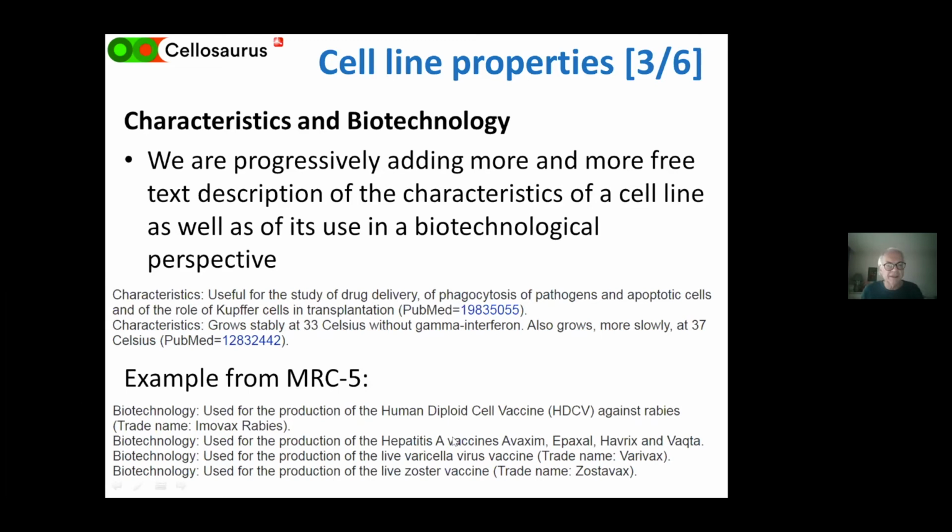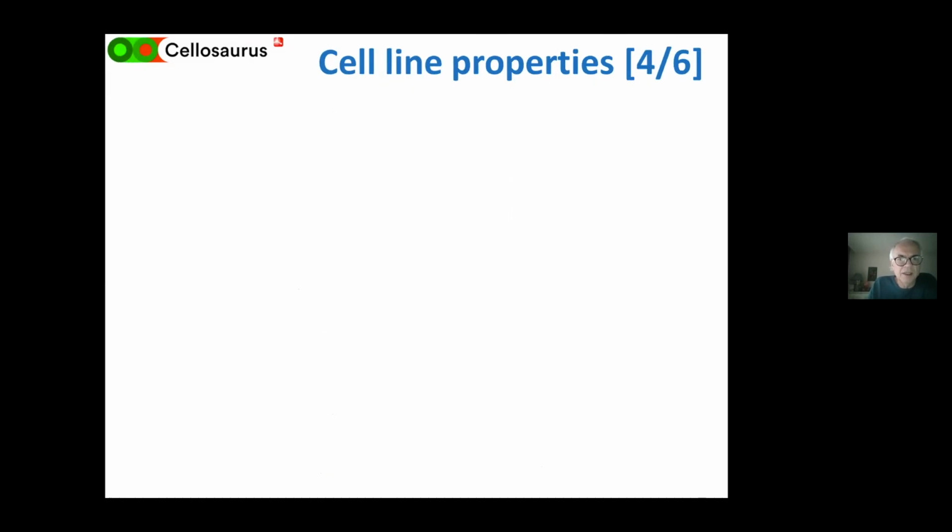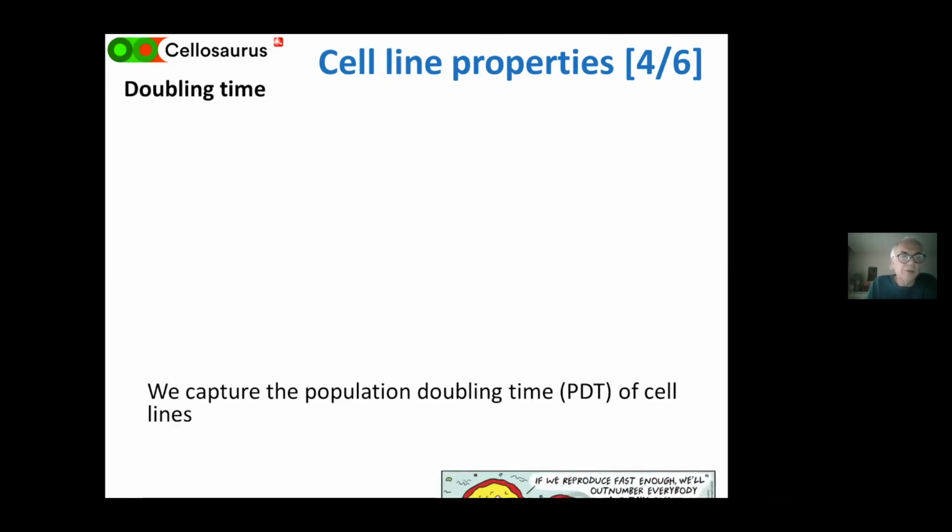So this is text, and it's something which is being added more and more into the Cellosaurus. When I create a new entry now, I like to add this type of information, or when a cell line is retrofitted with information, because it gives a little bit of an abstract about the characteristics of a cell line for people wanting to know more about it. Just text. Doubling time is important.